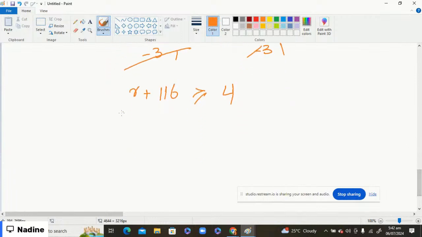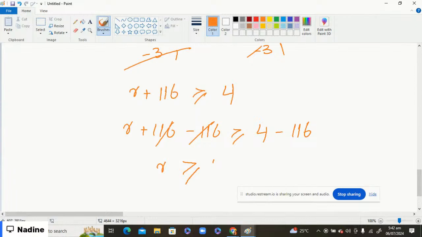Now which thing have we done? You're just going to subtract 116 on both sides. Okay, so this cancels out. So your r is greater than or equal to 4 minus 116, with the negative sign.